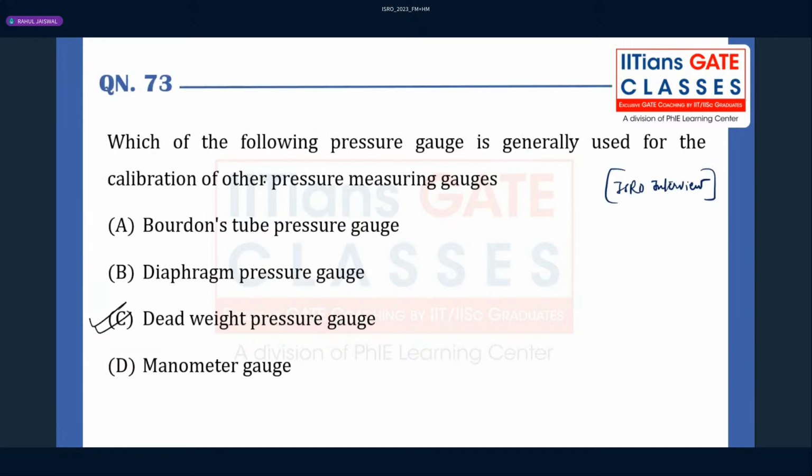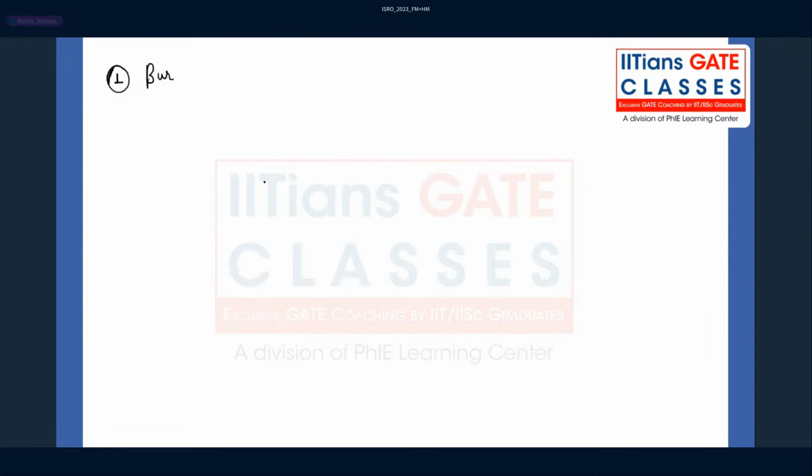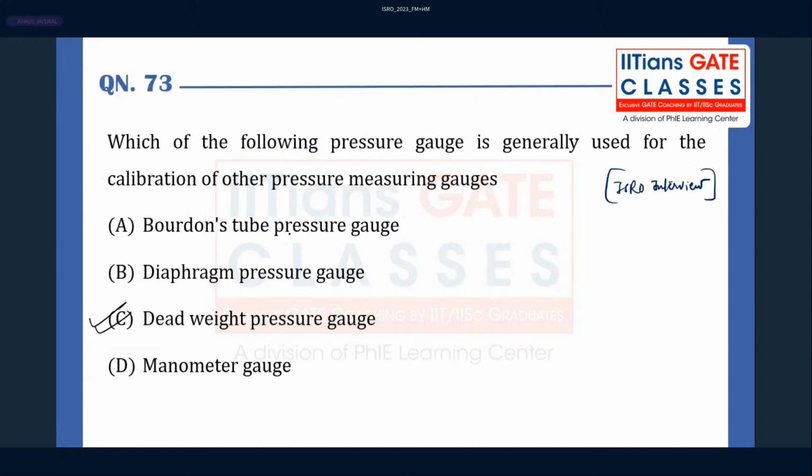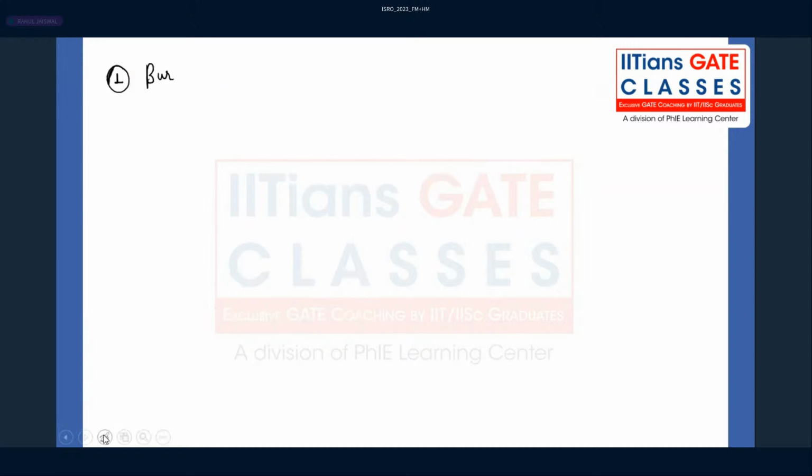Here, this is the 73rd question. Bourdon tube pressure gauge.